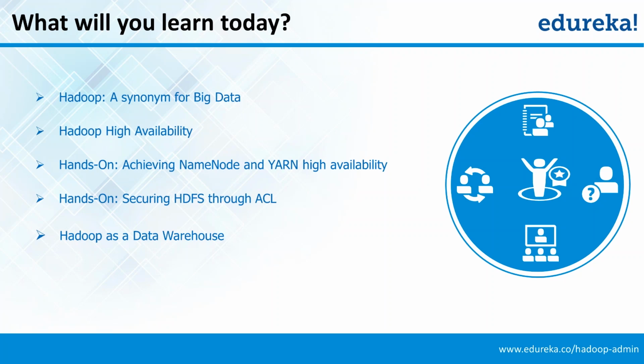Then we are going to do some hands-on on how to achieve high availability in the NameNode and Yet Another Resource Negotiator. Then we'll do some hands-on on the security part, how you can secure your storage. And lastly, we'll talk about Hadoop as a data warehousing solution.